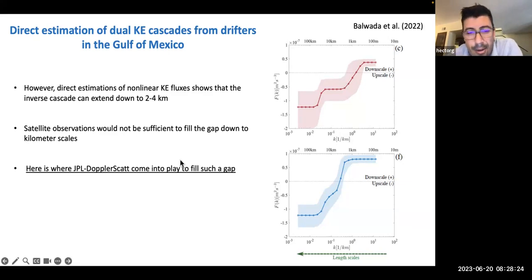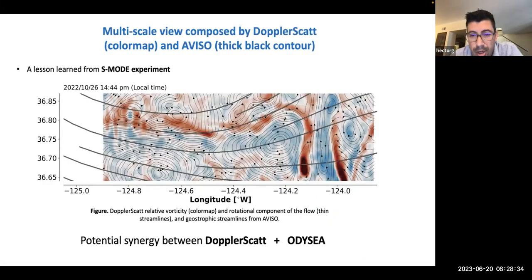But we have Doppler-Scat. We have Doppler-Scat to fill the gap between the satellite and in situ in-water measurements. And one of the lessons learned from ESMO experiments is that Doppler-Scat is able to get these fine scale motions in the ocean, with huge relative vorticity and huge divergence, which we know are the type of motions that drive the direct cascade.